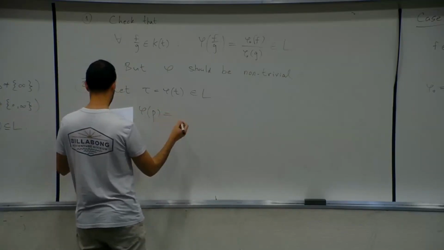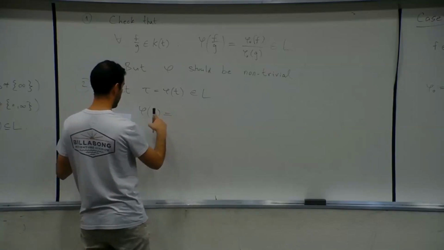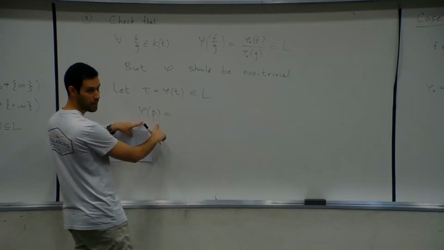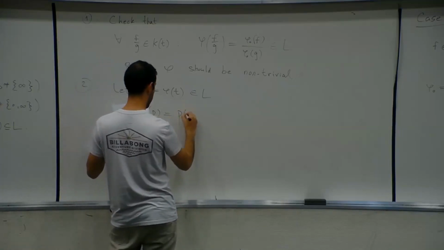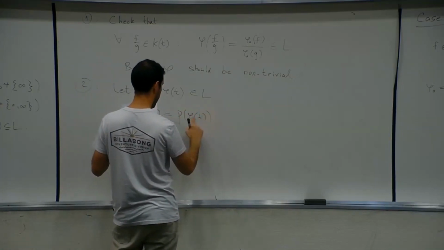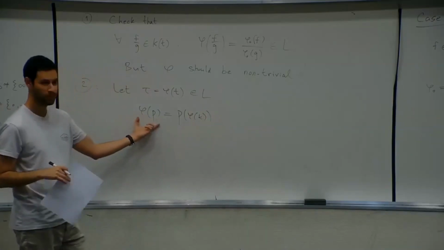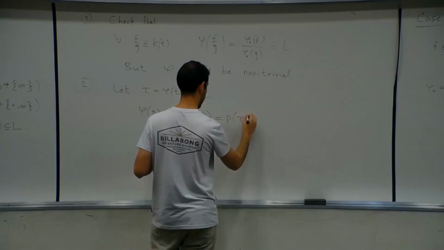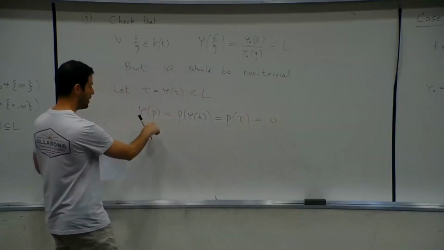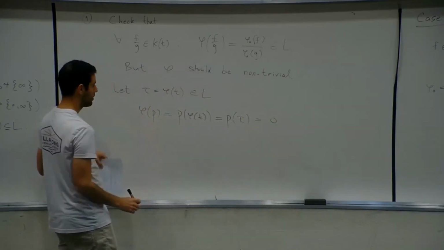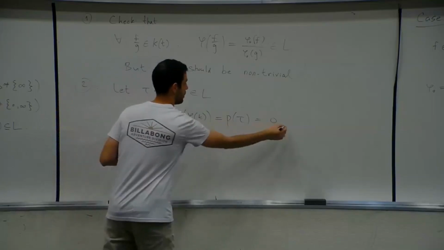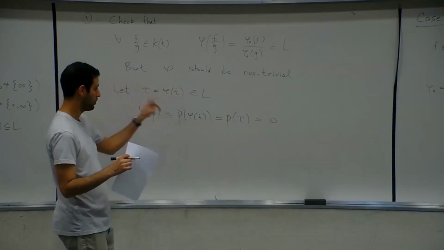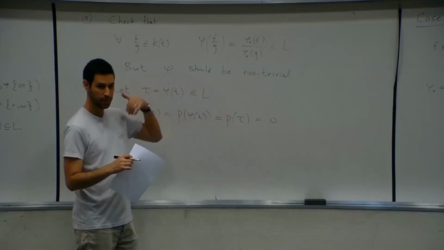On the one end it's 0, on the other end, since phi is a ring homomorphism, it is P of tau, which is 0 since P is in the kernel of phi. So the image of T is just a root of this P, which was irreducible in K[T].